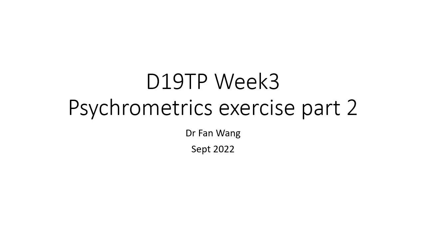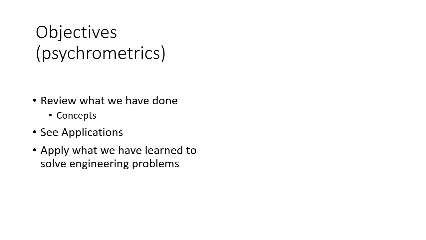Hello. In this talk, we're going to review what we have learned over the last few weeks, specifically over psychrometrics. We have three objectives. Number one is to review what we have learned, primarily the concepts and those variables associated with those concepts.